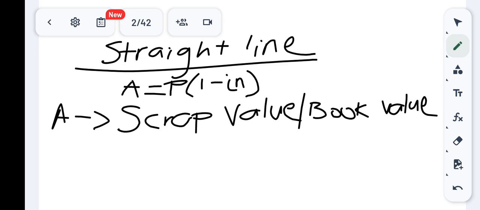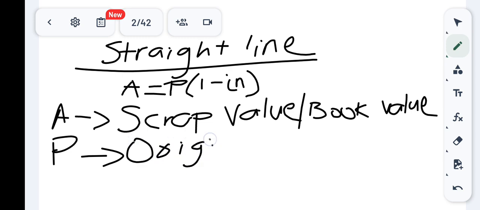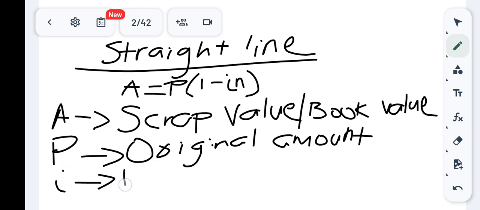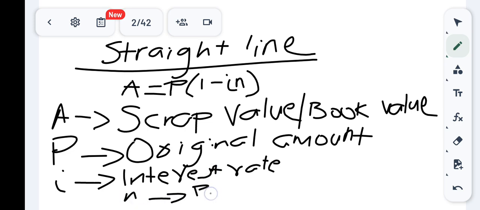And then P is still the principal amount or original amount, i is the interest rate, and n is the period.